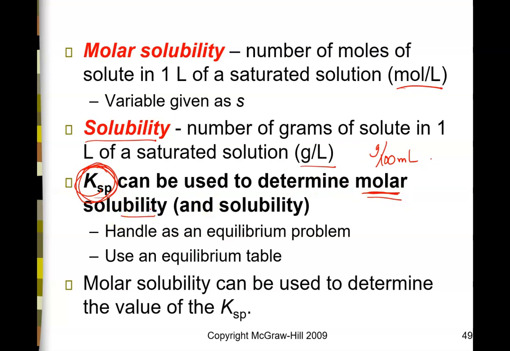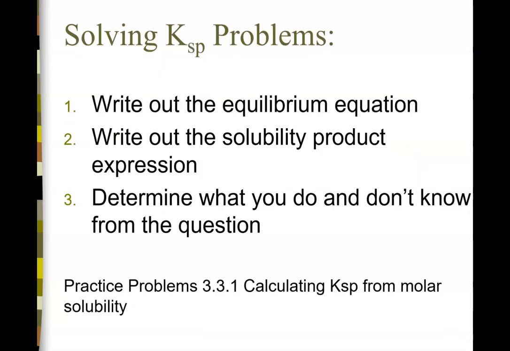So here's where we get into the problems of calculating, much like we did in chapter 2, using the amounts at equilibrium to either calculate the KSP, or being given the KSP and having to calculate the amounts of ions in solution. When you're solving problems with KSP, make sure you've got a balanced equilibrium equation.